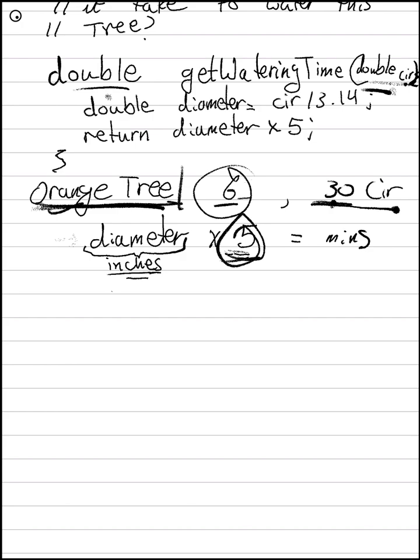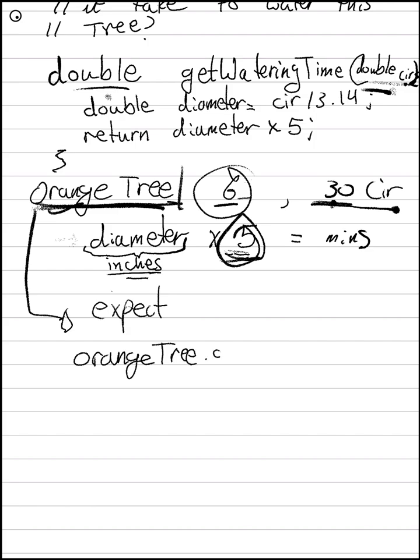We didn't do the testing yet. Good job. Excellent. Okay, so for this example, we can just convert that to a test, and we would say we expect orange tree dot get watering time to return.